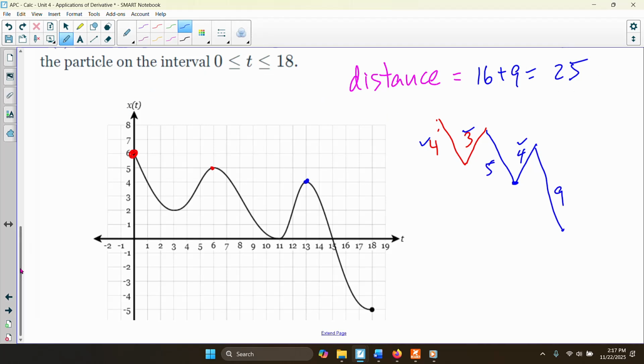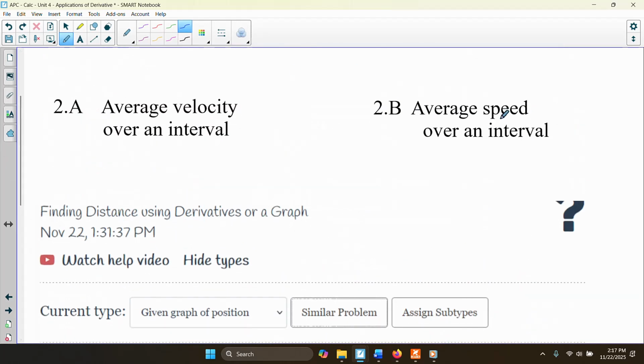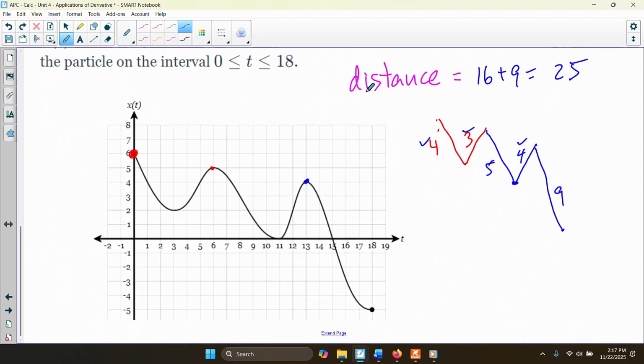But if the next question is, well, what's the average speed? It is distance divided by time. So in this case, distance, which is 25, divided by how long it took us, 18 minutes or hours or whatever this is. I'll just say min, just so it's consistent.